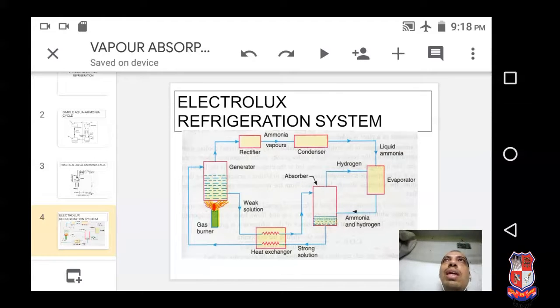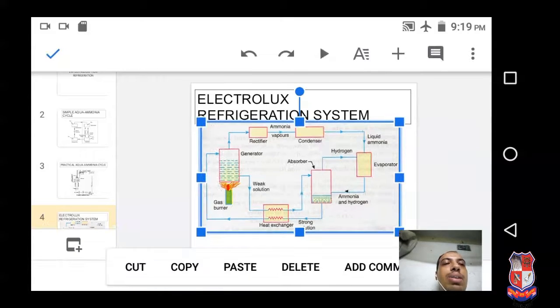Hydrogen is the fluid used to increase the evaporation rate of the ammonia, means it just behaves like a catalyst. A catalyst, you already know, does not take part in a process, but it increases the process rate, or we can say increases the process speed.